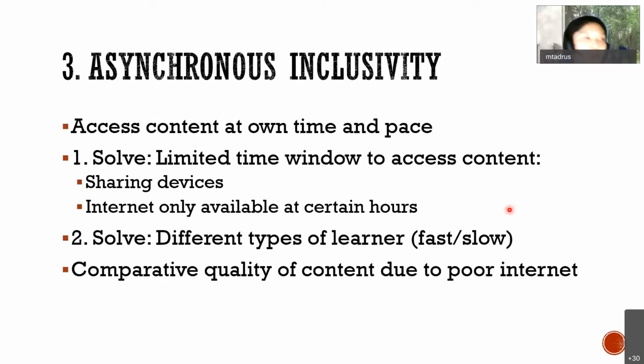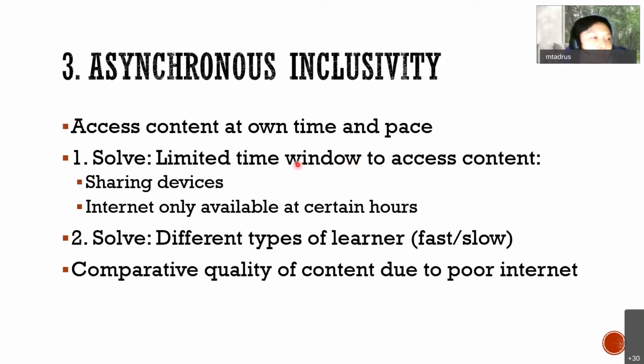So asynchronous class, referring to Ellip, is the best tool to deliver asynchronous content. Students can access the content at their own time, place and pace. The first thing it solves is that some students have a limited time window to access content, due to sharing devices. One family has only one laptop, so they cannot use it at a particular time.